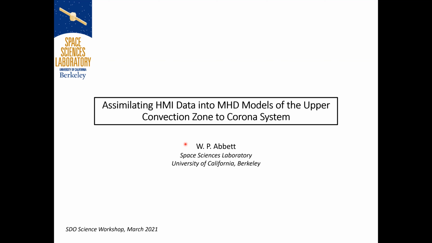Of course, thinking about those two things is a bit different, right? Because in the solar case, we have remote sensing data, and we don't have in situ measurements of things at the photosphere.